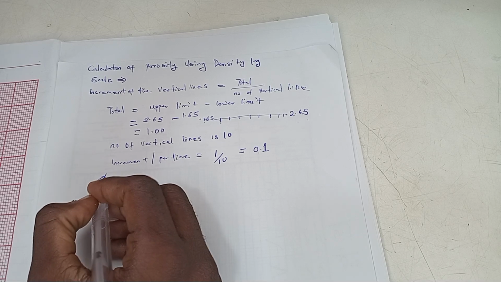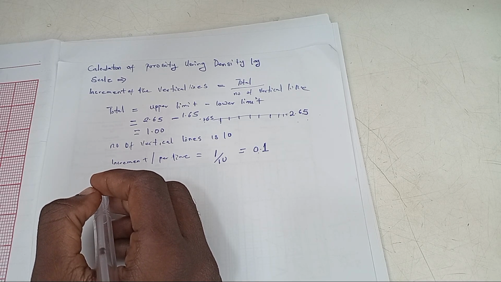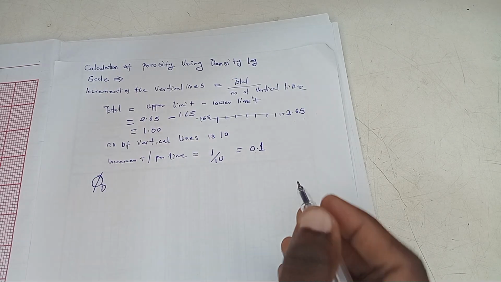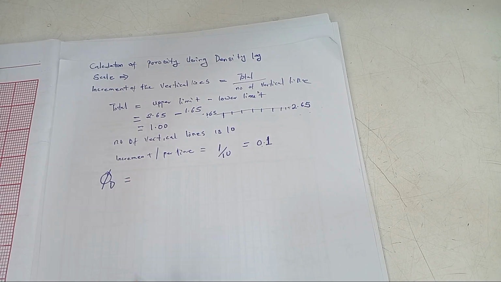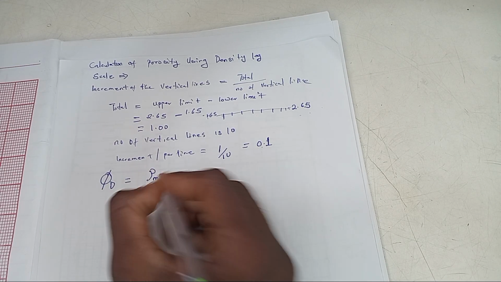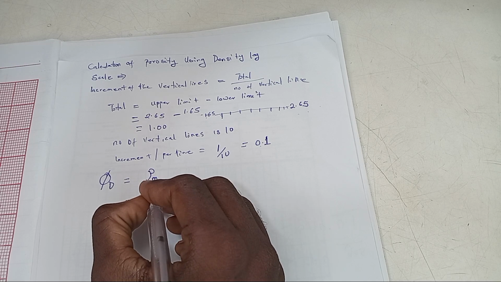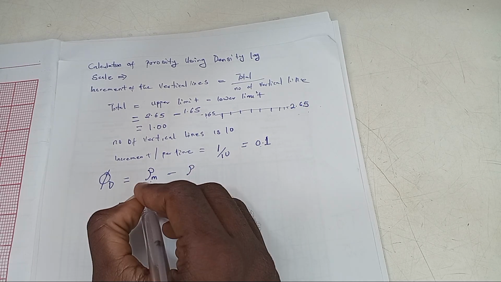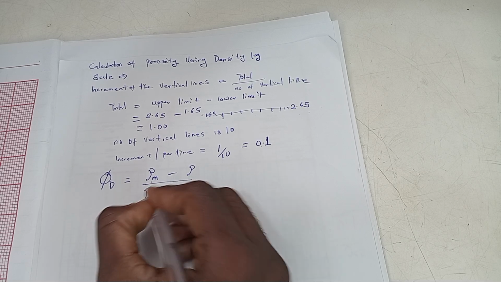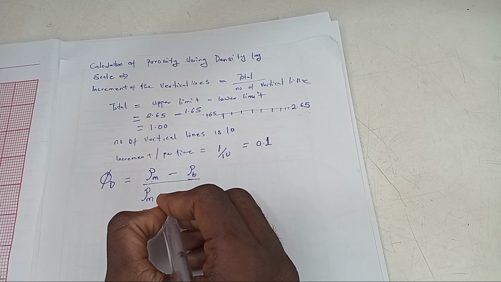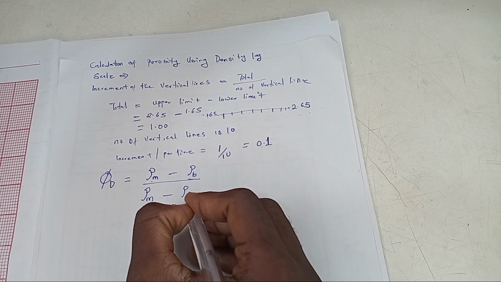Porosity using density log. Looking for porosity using density log, how do you go about it? Now, recall. So this is density of matrix minus the bulk density, over density of matrix minus density of fluid.